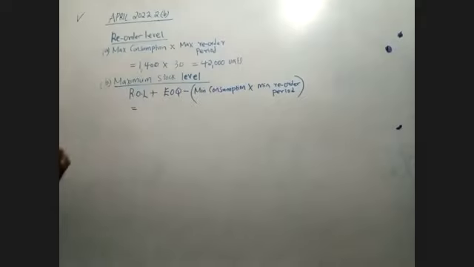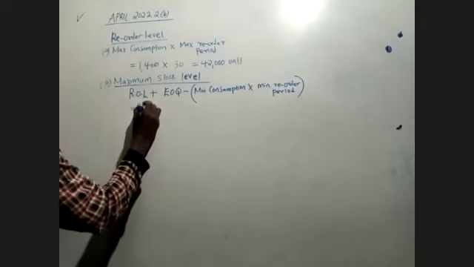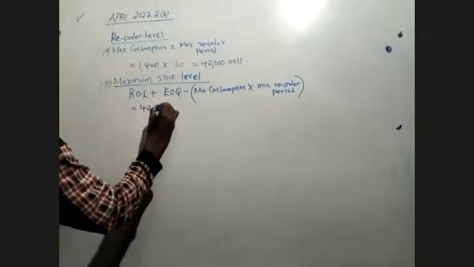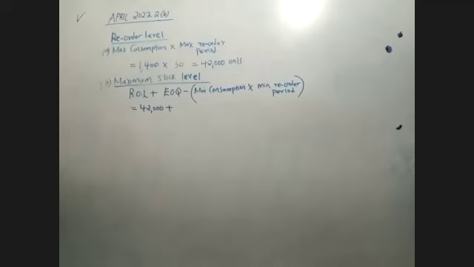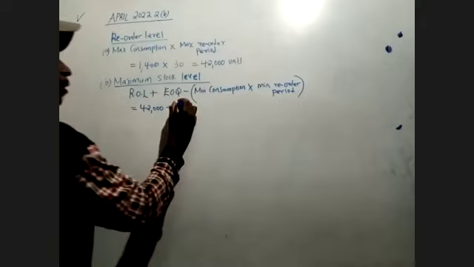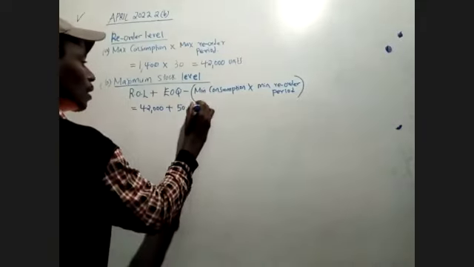What's our reorder level? Reorder level we got above, 42,000 units, plus economic order quantity kwa sababu alikuwa ametupatia kama ngapi? So if you go to the question, economic order quantity is 50,000.